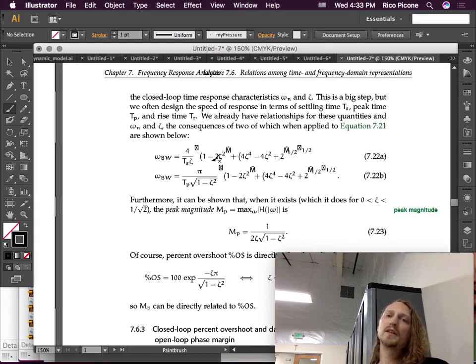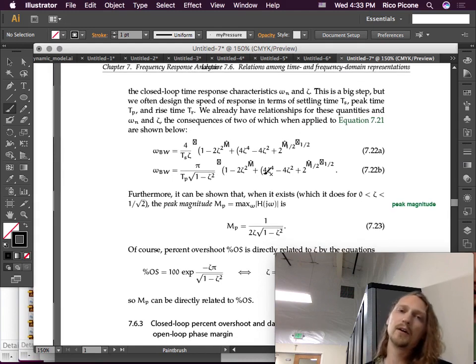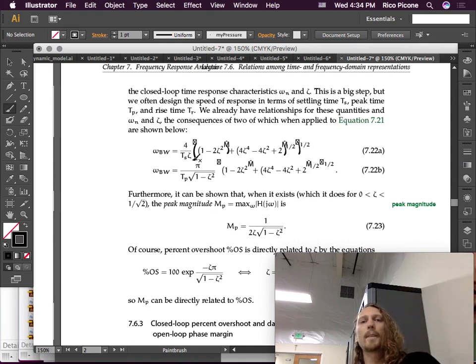Essentially, we are sticking our relationships between ω_n and ζ and settling time and peak time into these two formulas.